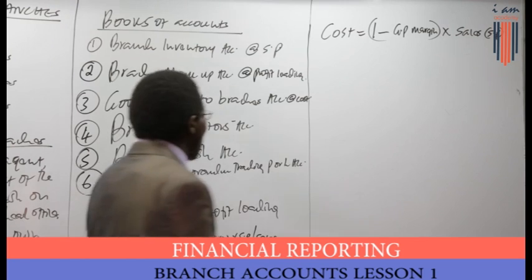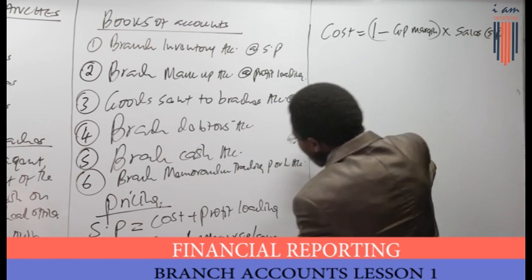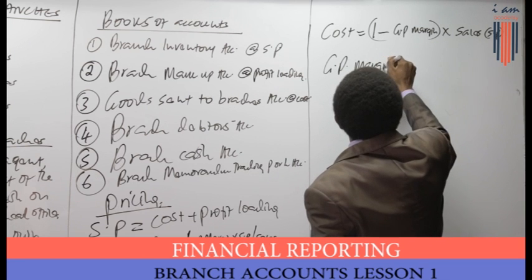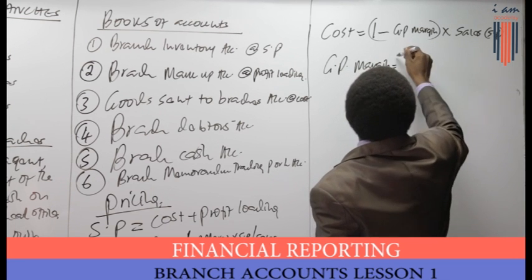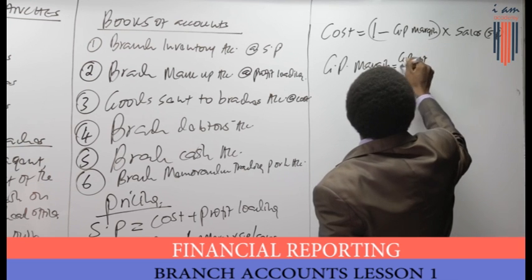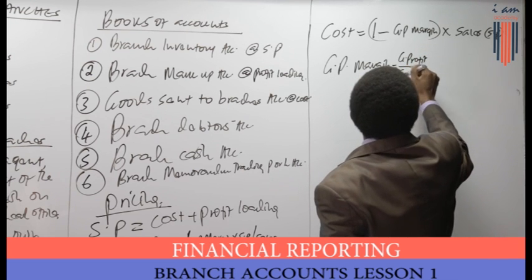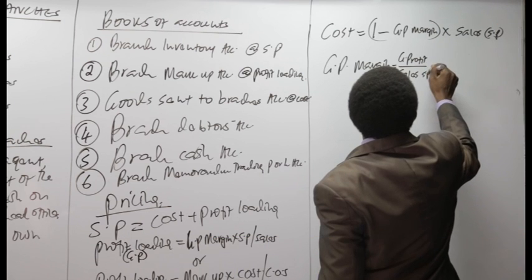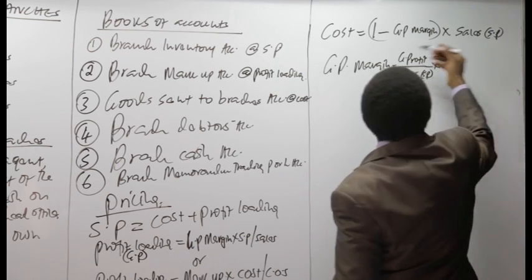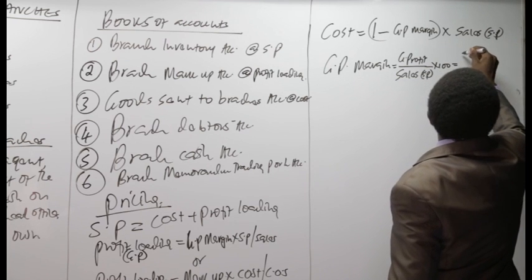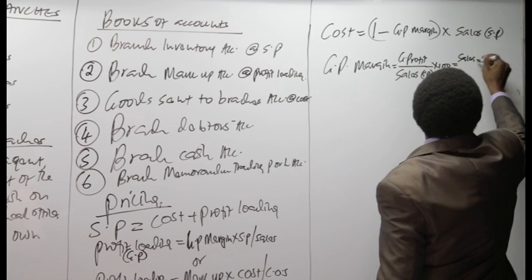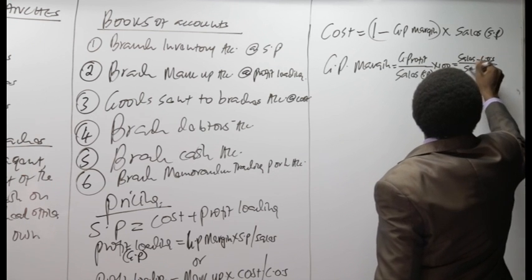Now, let me remind you how this comes in when you talk of the gross profit margin. The gross profit margin is simply the gross profit divided by sales, I can even call it selling price, multiplied by 100. Alternatively, gross profit is the sales minus the cost of sales, over sales.